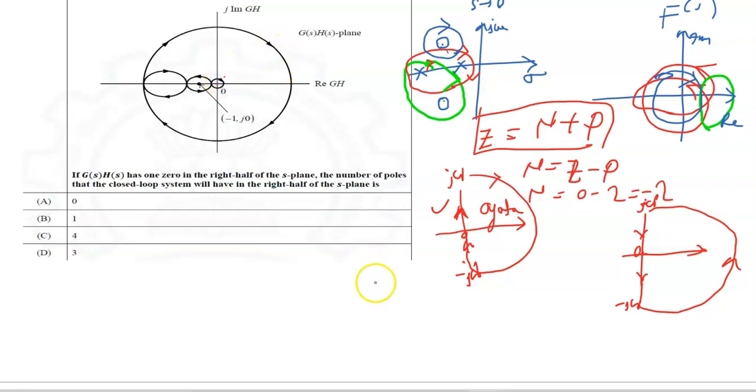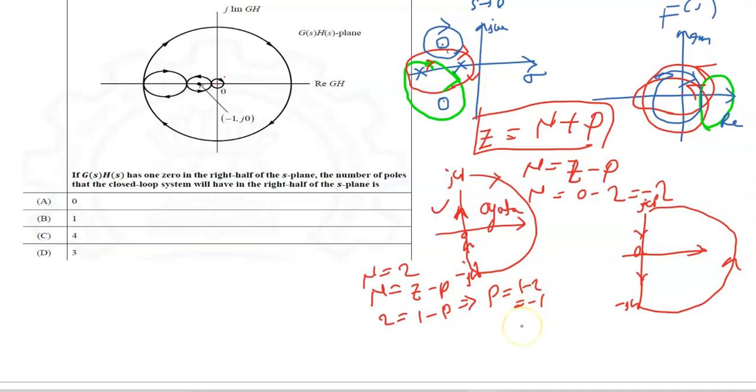That means N equal to 2, because the orientation of the Nyquist path and the orientation of encirclement of the origin are the same. So N equal to Z minus P. N is 2, Z is 1 zero in the right half S plane, 1 minus P. So the number of poles in the right half S plane of G(s)H(s), P, equal to how much? 1 minus 2, that is minus 1. Not possible.